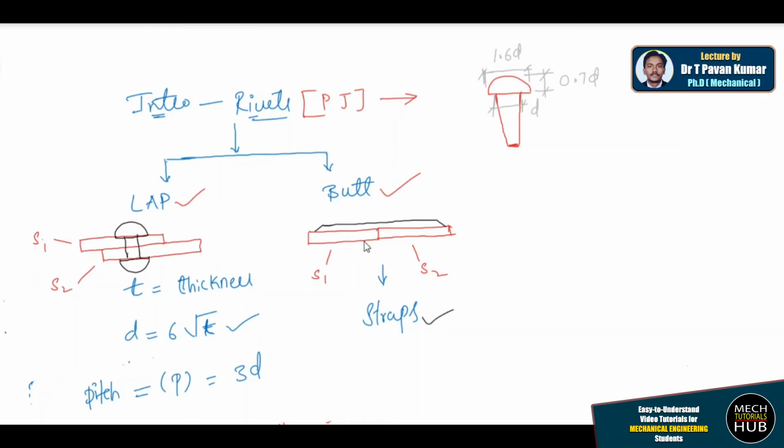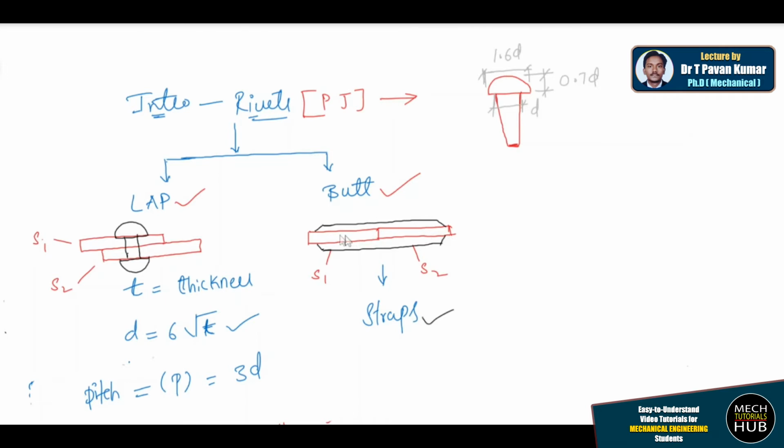If I place a strip or a strap metal sheet over both the sheets, then I can drill a hole passing through the strap as well as sheet number 1, or the strap as well as sheet number 2. Then I can place a rivet and clamp it. If I use one strap, we call it a single strap. Likewise, if you want to increase the strength, a double strap can also be used.